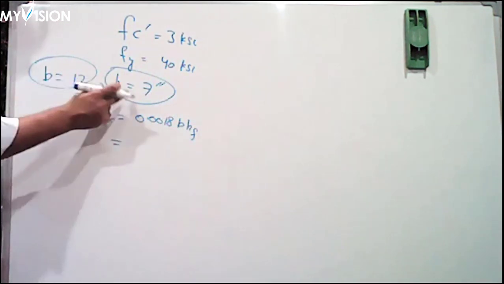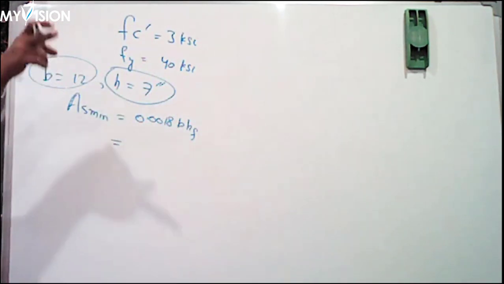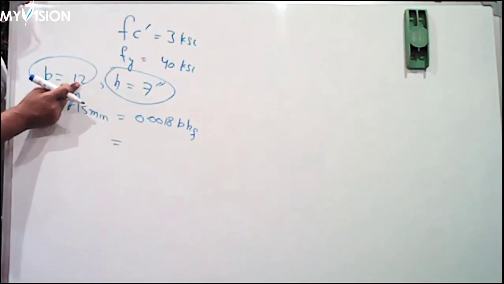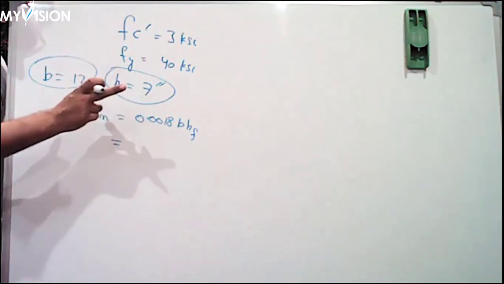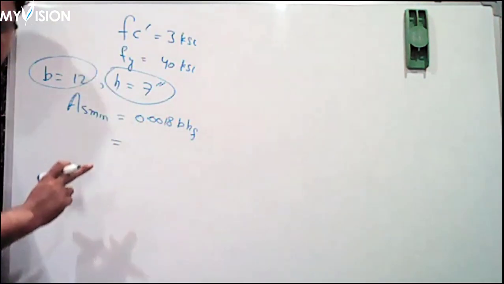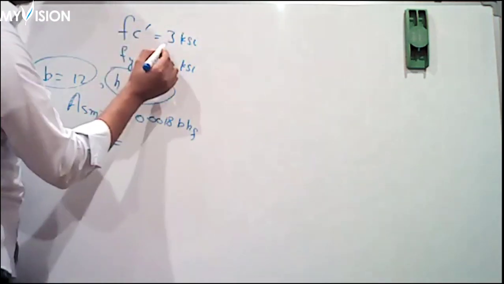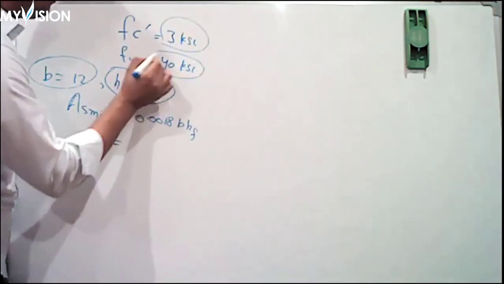These two values are the same in your project. When you are designing your project, B will be 12, H will be 7 inches. Okay. The formula is dependent on these values, 3 and 40.